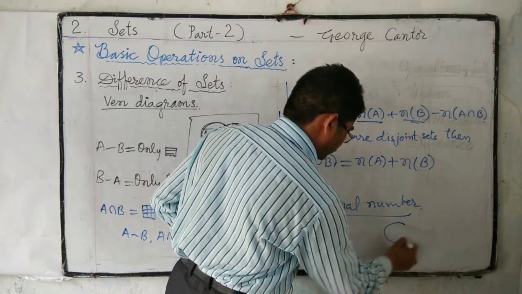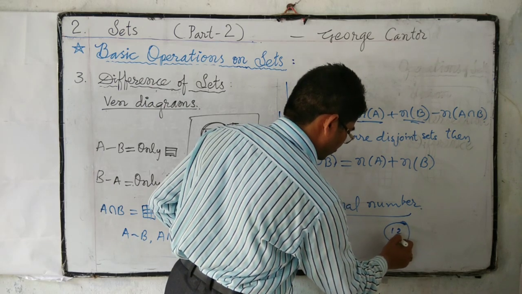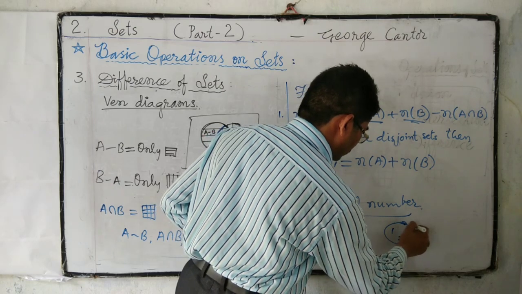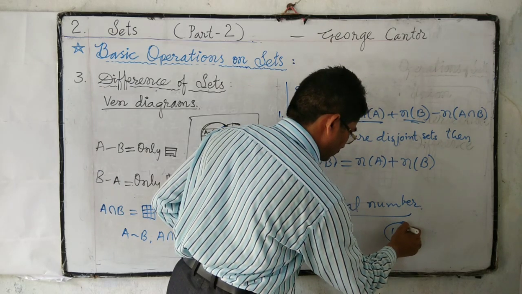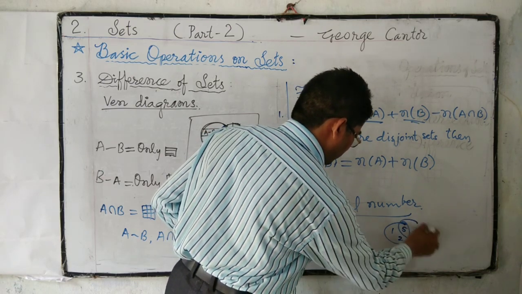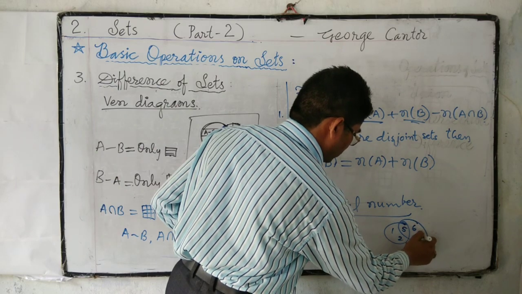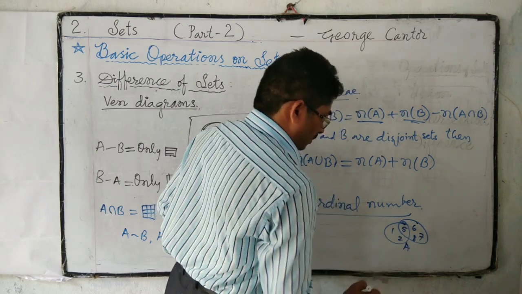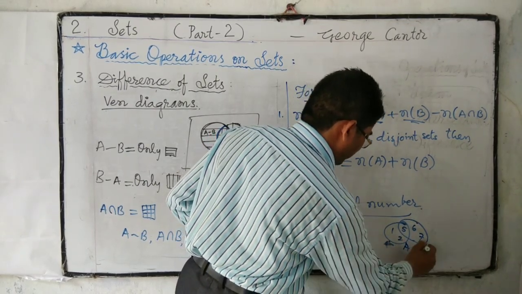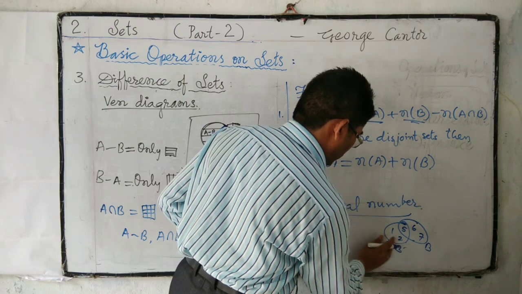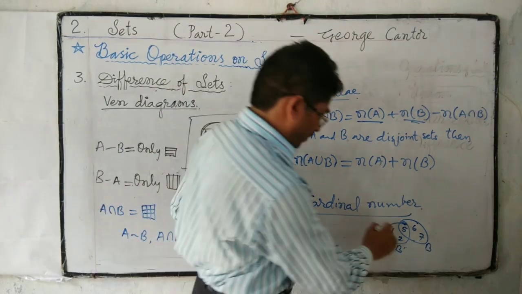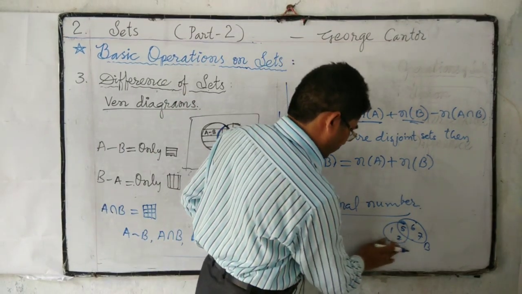Suppose this is A, this is B. In A there are 3 elements, 1, 2, 3.